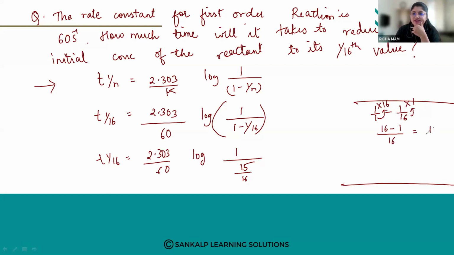So 16 minus 1 is 15, by 16. Got it? So this is 1 by (15/16).